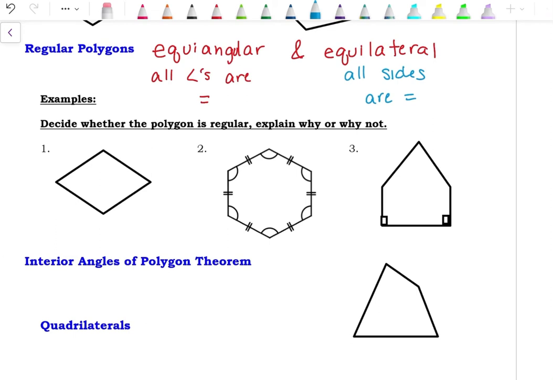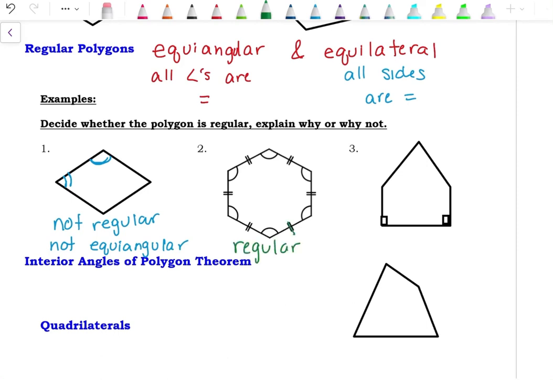So number 1 through 3, we're just deciding if they are regular or not. Number 1, we would say it is not regular. You can see that maybe all the sides are the same, but this angle is definitely way bigger than that angle. So not equiangular. Number 2, this one would be a regular polygon.